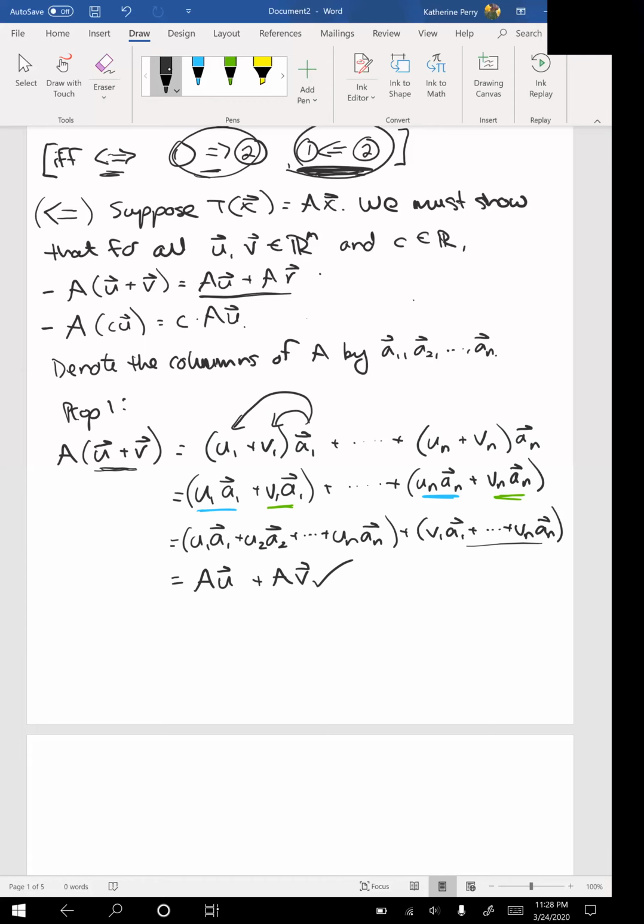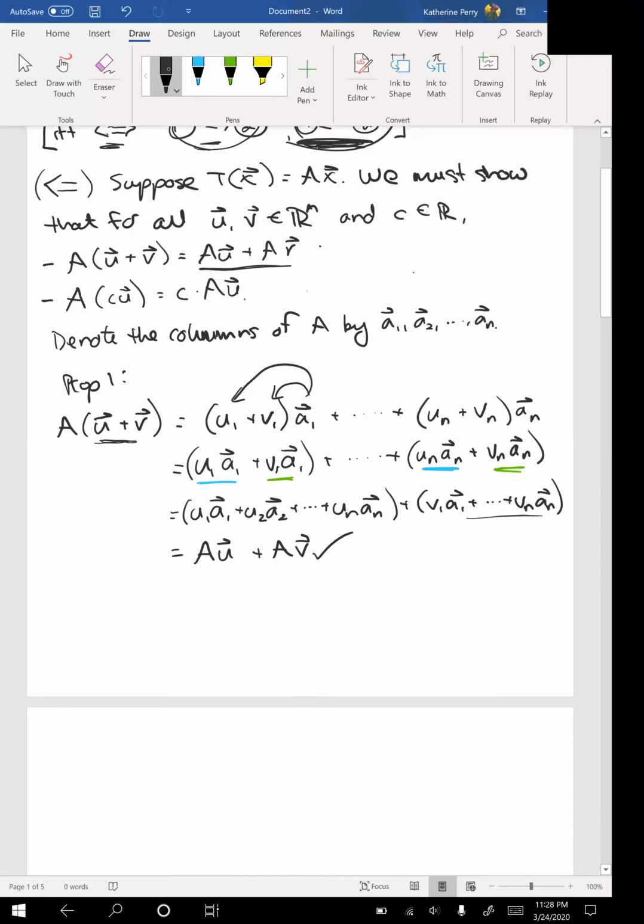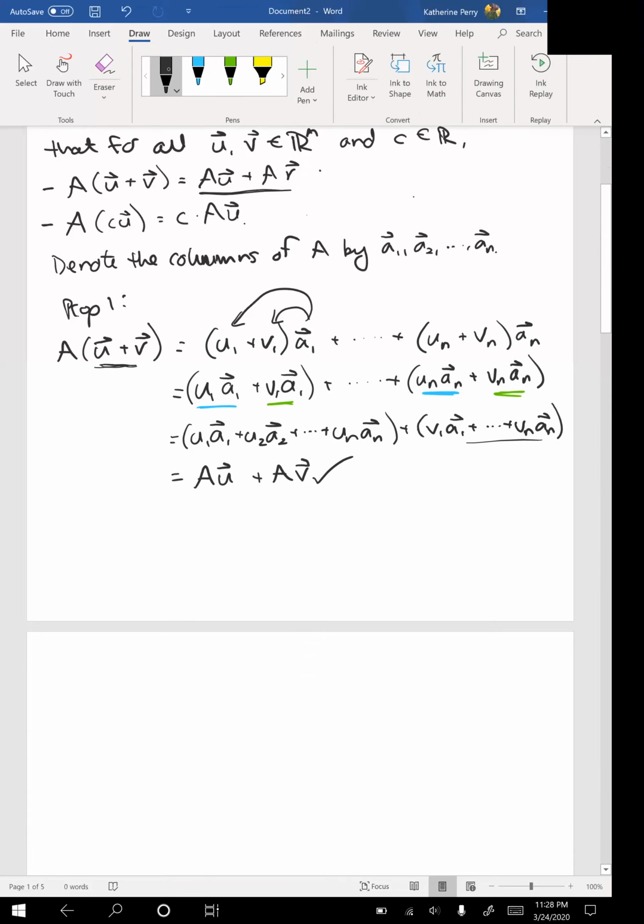Okay, so that proves property 1, and now I need to prove property 2.